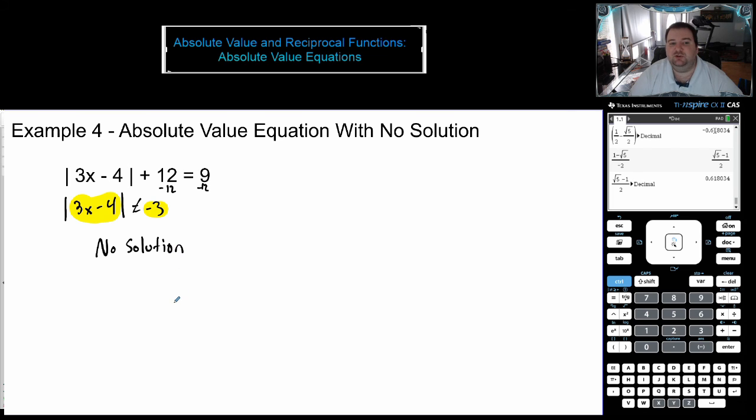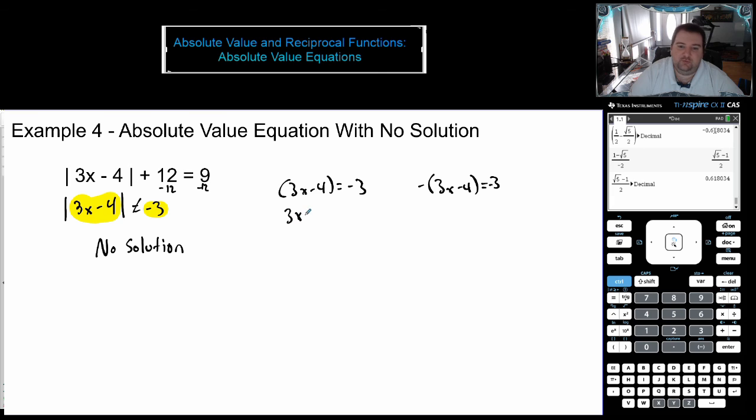Now, just to make sure that you believe me, let's work it out. If we have the absolute value of 3x minus 4, there are two cases: 3x minus 4 is equal to negative 3, and negative 3x minus 4 is equal to negative 3.